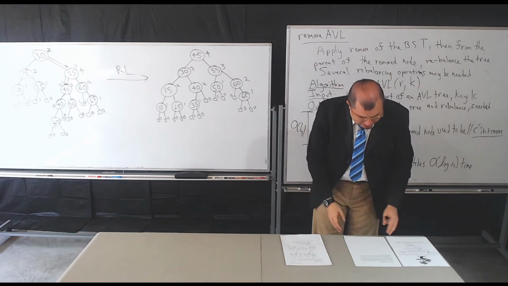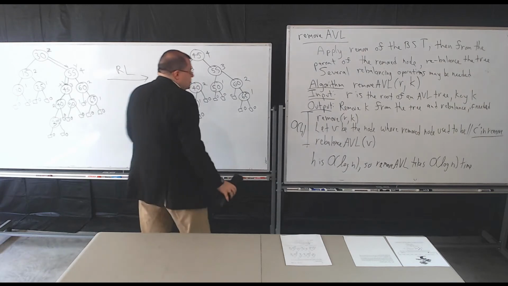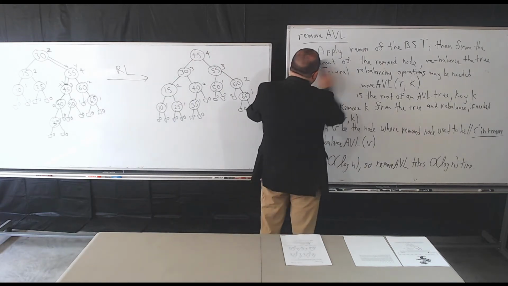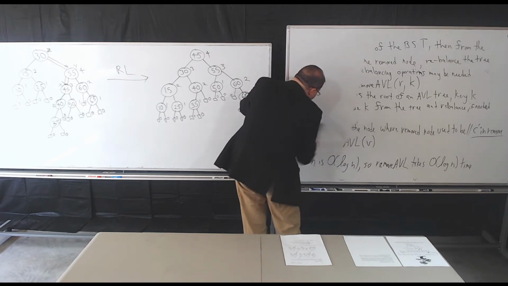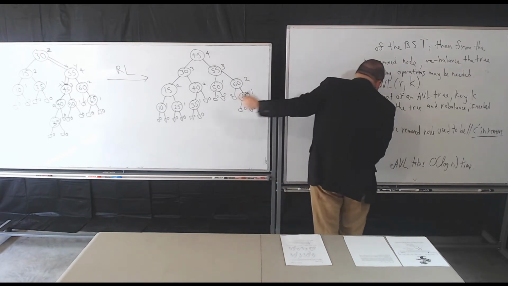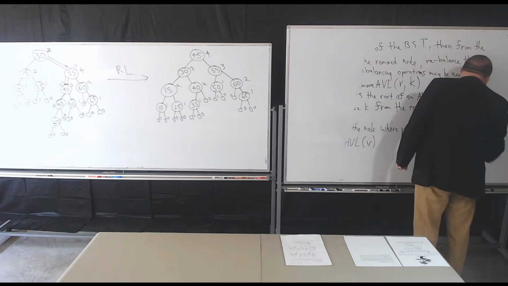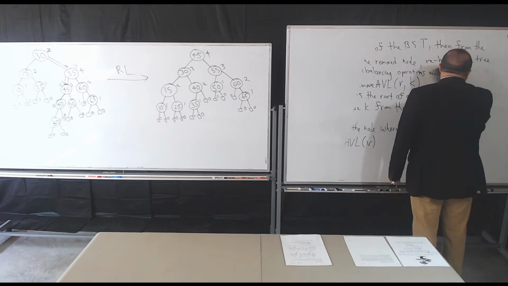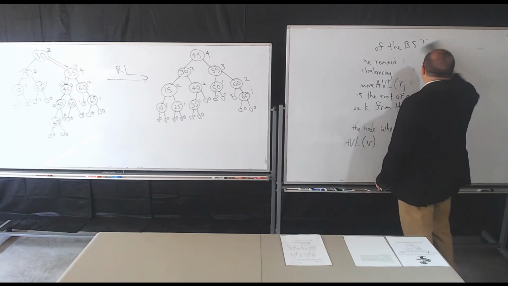So that's all I have to really say about removals. Let's talk about generally some properties of AVL trees that I really should stress. So as you can see in this example, it wasn't the case that only one rotation was needed. You needed to do multiple ones. Do you see why?